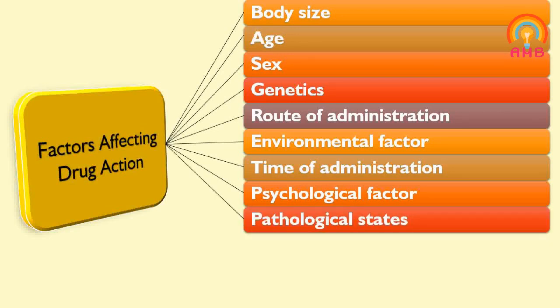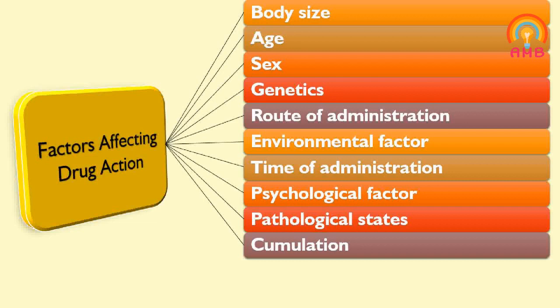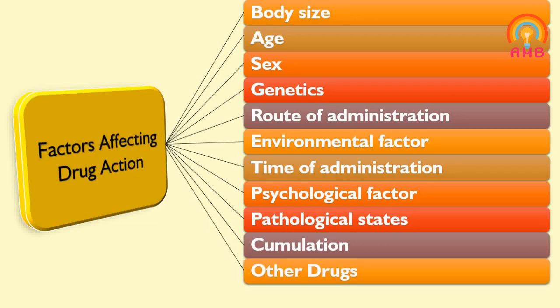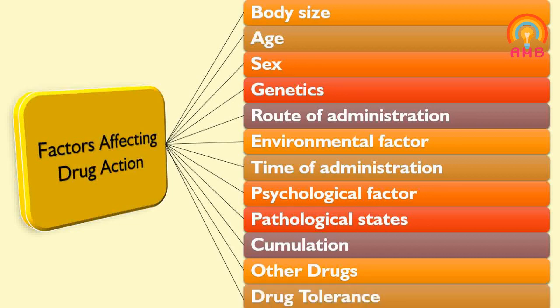Ninth is pathological states. Tenth is cumulation. Eleventh is presence of other drugs, and twelfth is drug tolerance. So these are the various factors, a total of 12 factors, which are affecting or modifying the action of the drug. We are going to discuss these factors one by one.